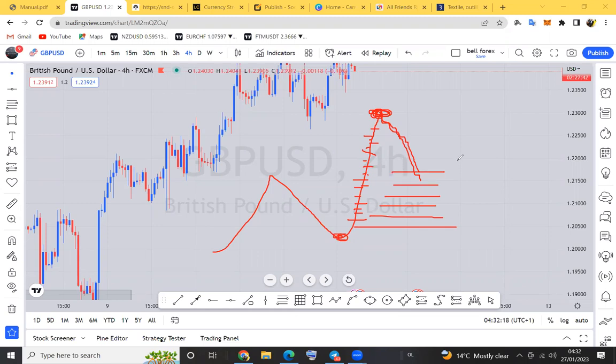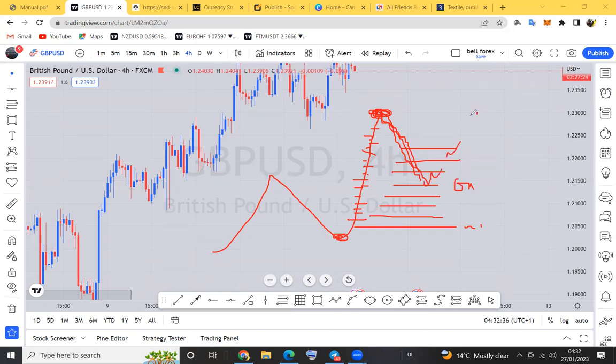So different strengths are being given to these support levels. We can say strength 100, strength 80, strength 50. And we know that, okay, if this retraces to strength 61, it means that it can stop from there and then continue back up.